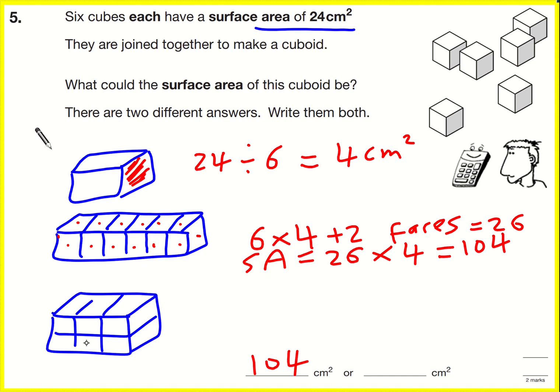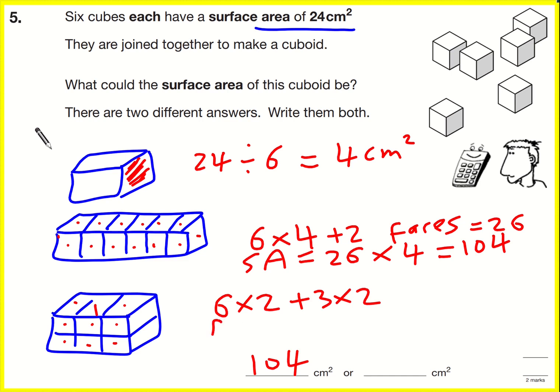You can hopefully visualize the 6 cubes, and this time it's going to be 1, 2, 3, 4, 5, 6. And it's going to be the same on the other side, but it's not going to be the same on top. Here I've got just 1, 2, 3. But I do have that on the bottom as well.